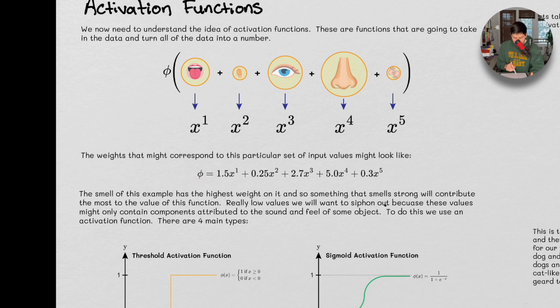So for our taste, we might have 1.5 as a value out in front. For our hearing, we might have a weight of 0.25. Whatever we're observing, if we can't hear it very well, the number in front of that is going to be 0.025. If we can see it relatively well, we could put a number like maybe 2.7 in front of the eyesight axis.